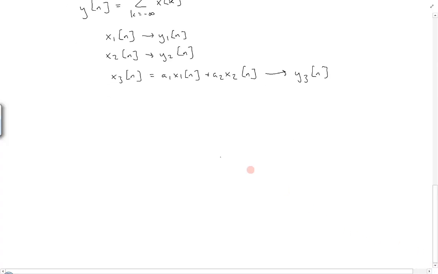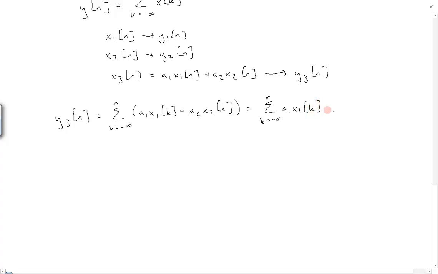So let's try it. We can write y3, using the previous definition that we had before, as the summation from k equals minus infinity up to n of x3, which is this combination of a1 x1 plus a2 x2. And we can further rewrite this as the summation from negative infinity to n of a1 x1 of k plus the summation from k equals minus infinity up to n of a2 times x2 of k.